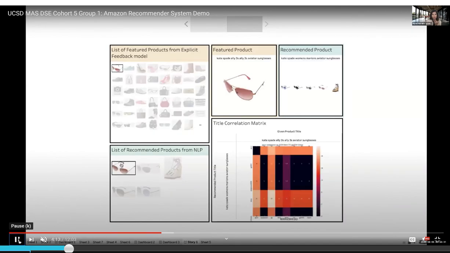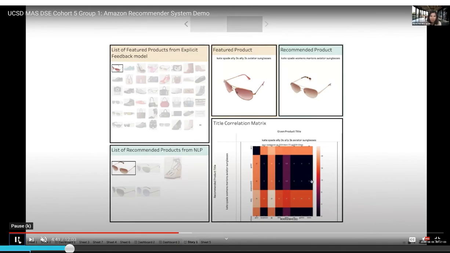Here is an example of the heat map. You can see that the titles pretty much match. One is a Kate Spade Ali Trias aviator sunglasses, and one is a Kate Spade Women's Marion aviator sunglasses. So this model was able to recommend these 2 very similar items just based on the product title and the brand.